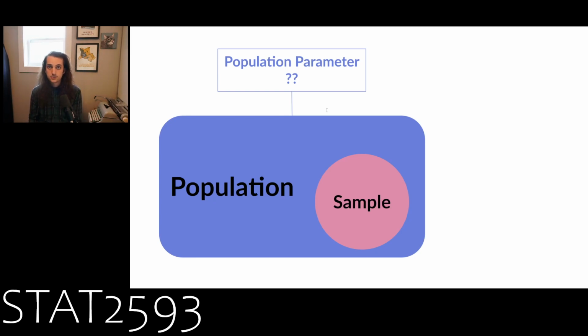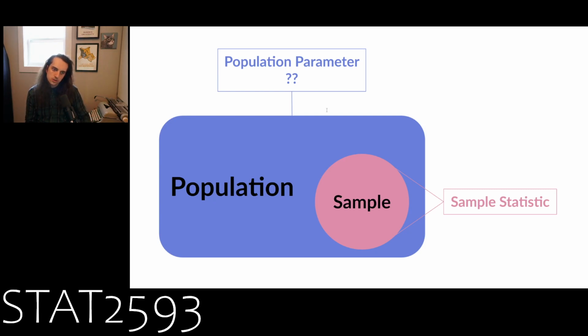And for the sample, we're actually collecting the data for these individual observations. Because of that, we can compute what are known as sample statistics. We saw the sample mean, the sample variance, and sample percentiles. All of these things can be computed for our sample because we have observed the data.